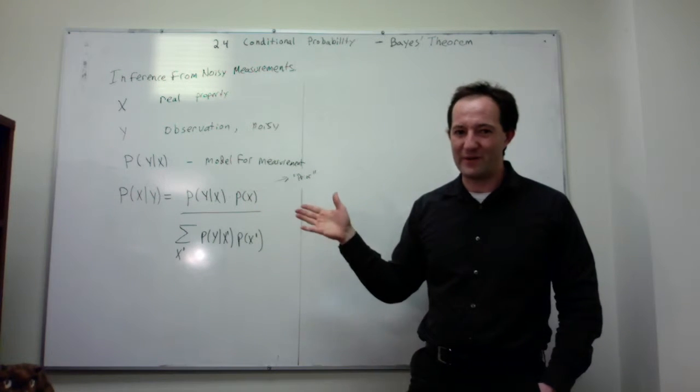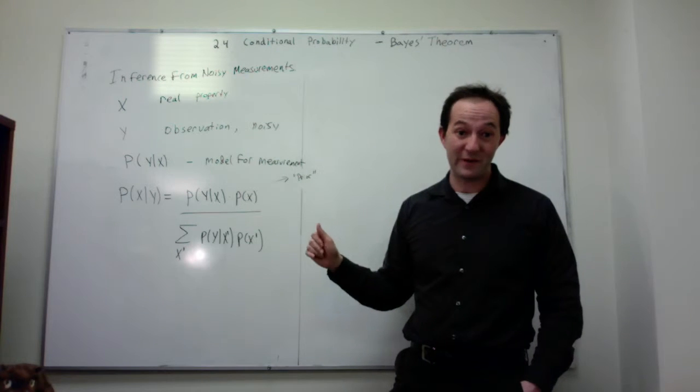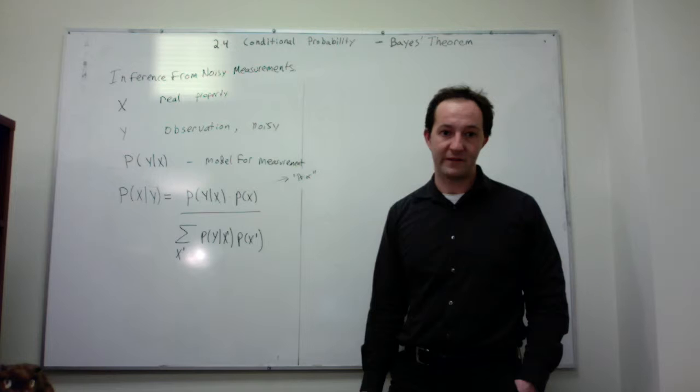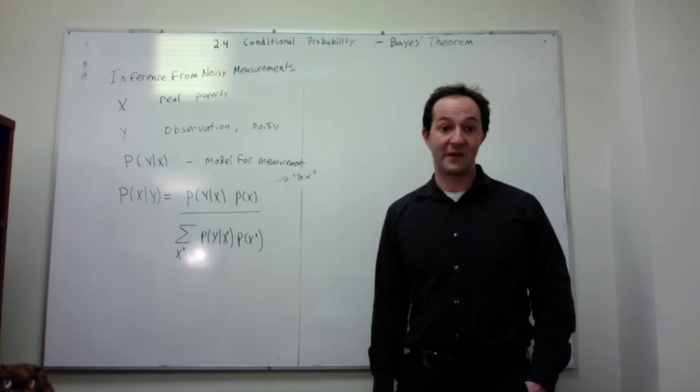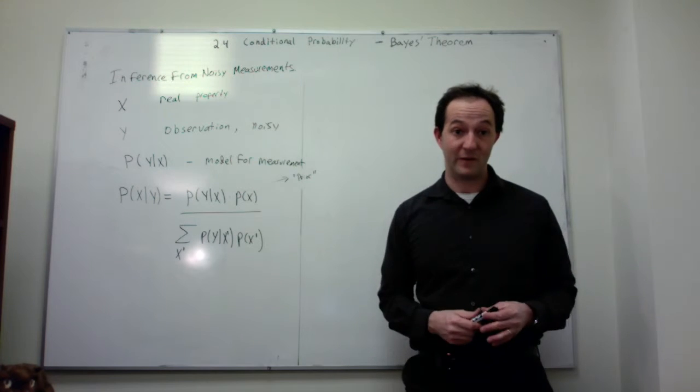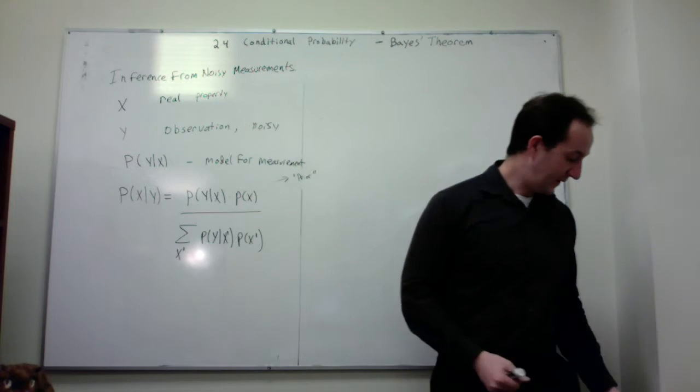And I'm not going to go too much further with this now. I would love to return to this and develop it further towards the end of the class, using some examples from signal processing and signal denoising, and hopefully we'll have time to do that, but we'll see about that.